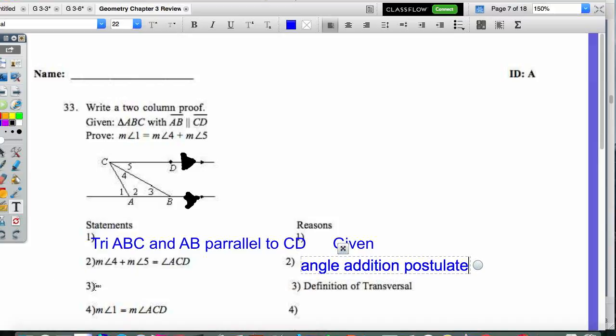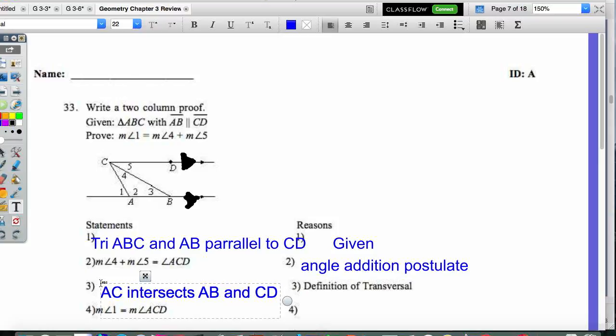Okay. Now number 3 says the definition of a transversal. So I just need to prove this and this are both transversals. So I'm going to write AC intersects AB and CD.